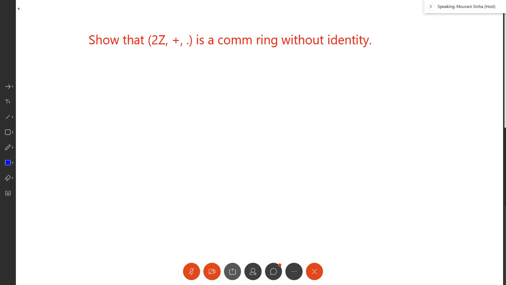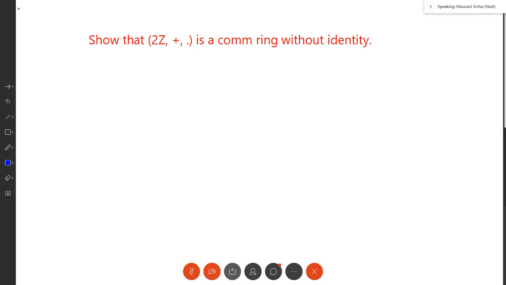So this is what your question is, that you have to show that 2z plus dot is a commutative ring without identity. So it is very important for you to understand how 2z looks like.